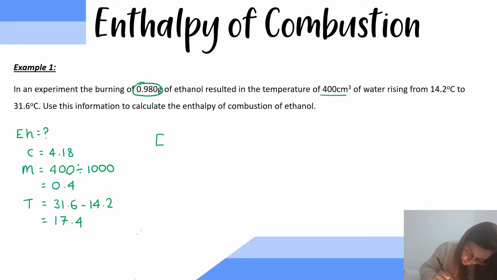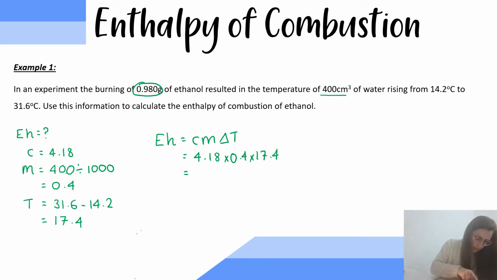So EH equals CM delta T, which is 4.18 times 0.4 times 17.4.